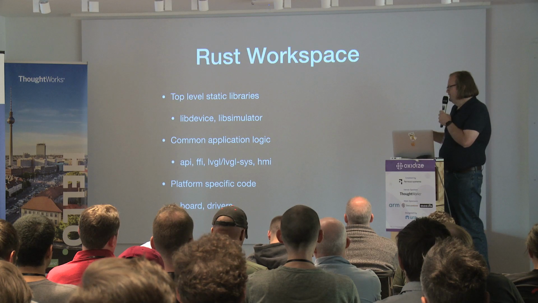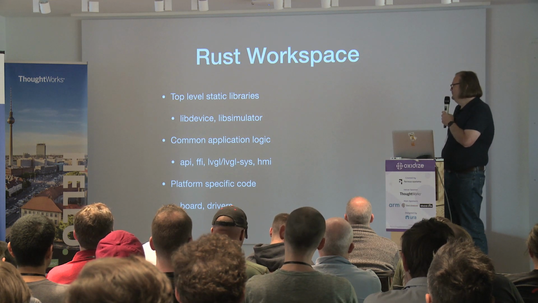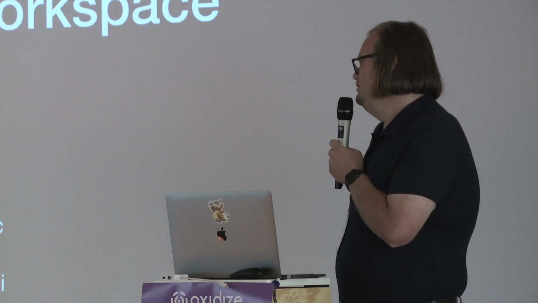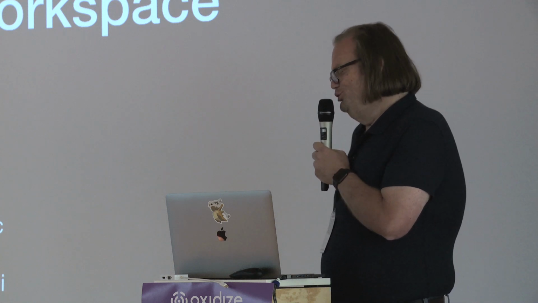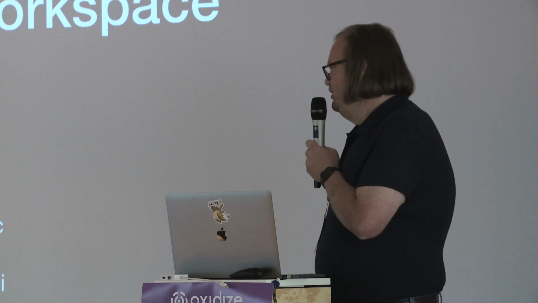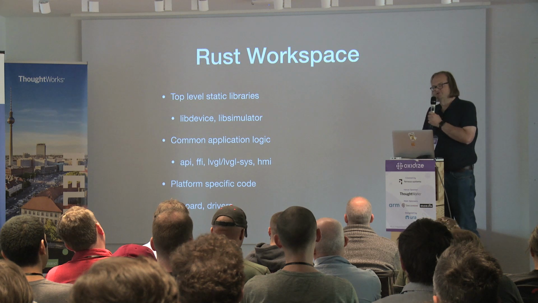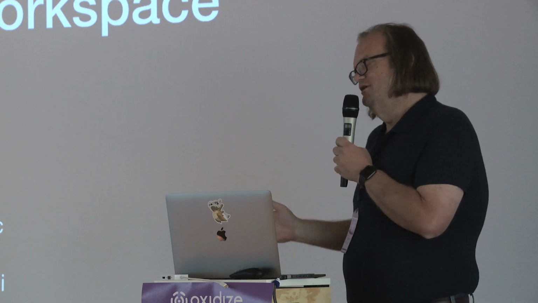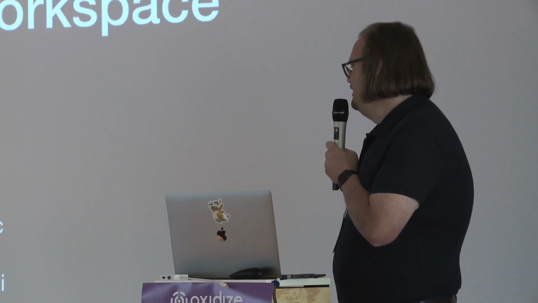Then, to give an example of integrating with a large-scale native C application, we bring in the LVGL library. There's the sys crate, which runs bindgen on it and gets some extensive Rust bindings, and then a higher level crate that wraps this messy C API with a nicer, more structured Rust interface.